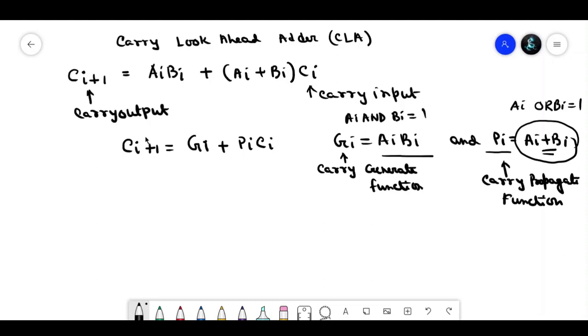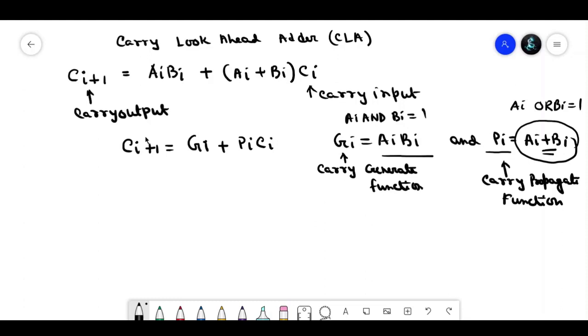So in case of Gi, that is called the carry generate function, since carry Ci plus 1 is generated when both Ai and Bi are 1. The function Pi is called the carry propagate function, since if Ai or Bi is a 1, then the input carry Ci is propagated to the next stage.